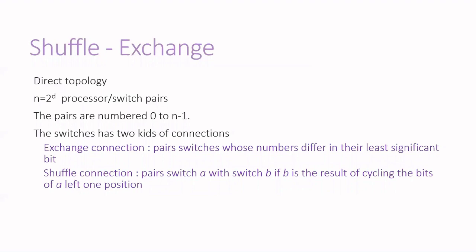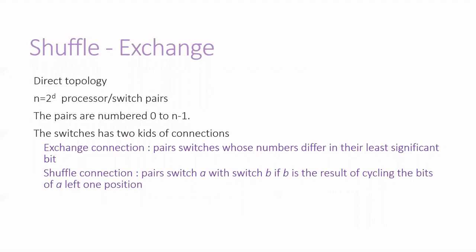One is called the exchange connection, the other is called the shuffle connection. Exchange connection is to pair two nodes which differ in the LSB. Shuffle connection is to pair two nodes A and B if B is the result of shuffling one bit position of A to the left.